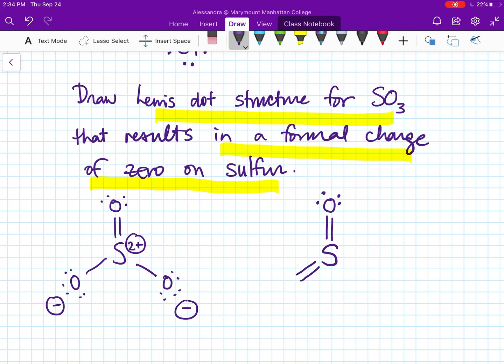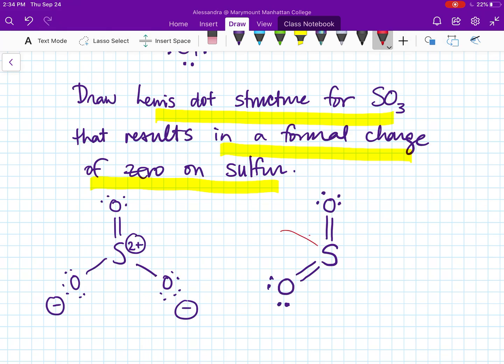So I want to build the molecule in a way that reduces the formal charge to 0. First, I'm going to take one of the lone pairs here and move it over to become a double bond. I'm just taking those 2 electrons and distributing them a little bit differently, because I want to reduce the formal charge on sulfur.